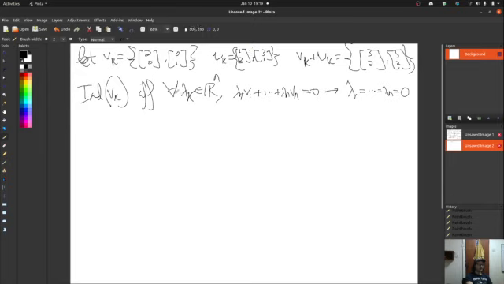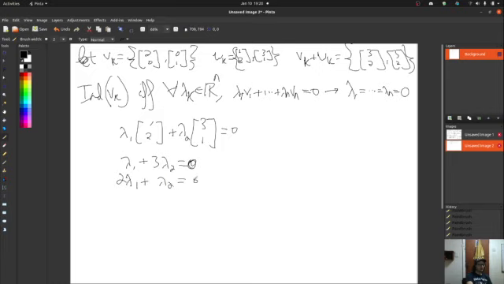So let's just do this independence proof just for practice. If I have lambda 1 times (1, 2) plus lambda 2 times (3, 1) equals 0, well, that means lambda 1 plus 3 lambda 2 equals 0, and 2 lambda 1 plus lambda 2 equals 0.